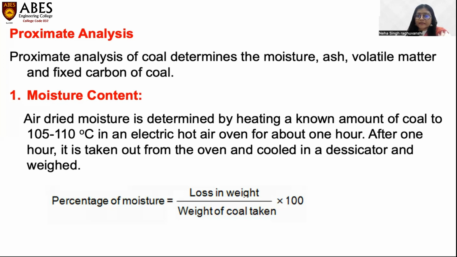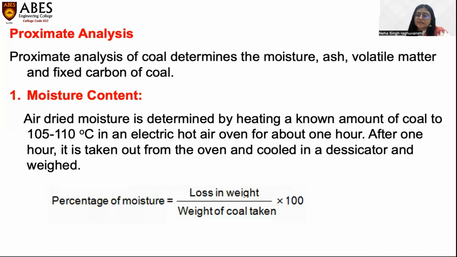We powder it finely, weigh it in a silica crucible, and keep it in the oven for 1 hour. We know that water boils at 100 degrees centigrade, so around 105 to 110 degrees centigrade, all the water will be evaporated when the crucible is kept in that atmosphere for 1 hour. After this, we take out the crucible and cool it in a desiccator.